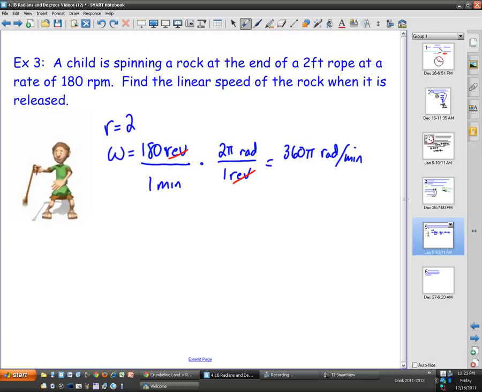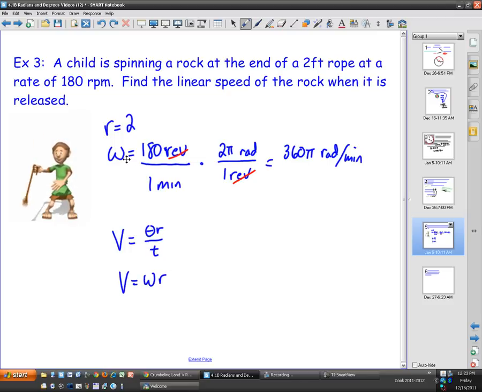So now if I remember that to find my linear speed, that was v either theta r over t, or we could replace theta over t with w times r. Well, we know w because this is theta over t.